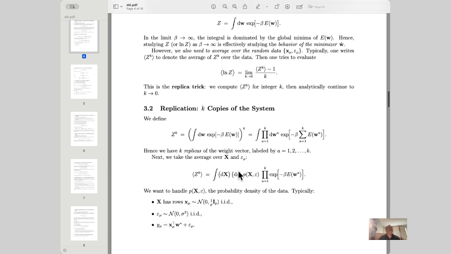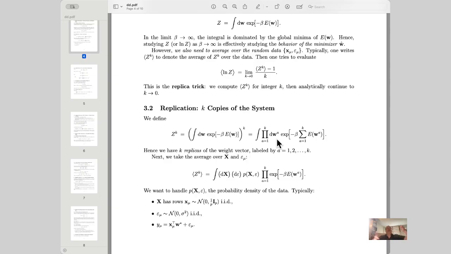So you take this object, z to the k, and you have k of them. You express this as a product over k, where you have the integral over each weight vector. Each weight vector is a replica.